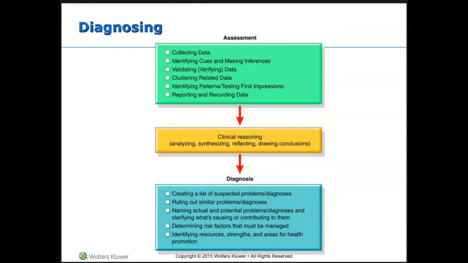After assessment comes diagnosing. Now, we do not do medical diagnoses for the patient, but instead we look at the whole patient and their response to the medical conditions that they've been diagnosed, as well as their comorbidities, and how do they affect every aspect of that patient's life, right? What does it put them at risk for, right? Are they weaker because they had a cerebral vascular accident?